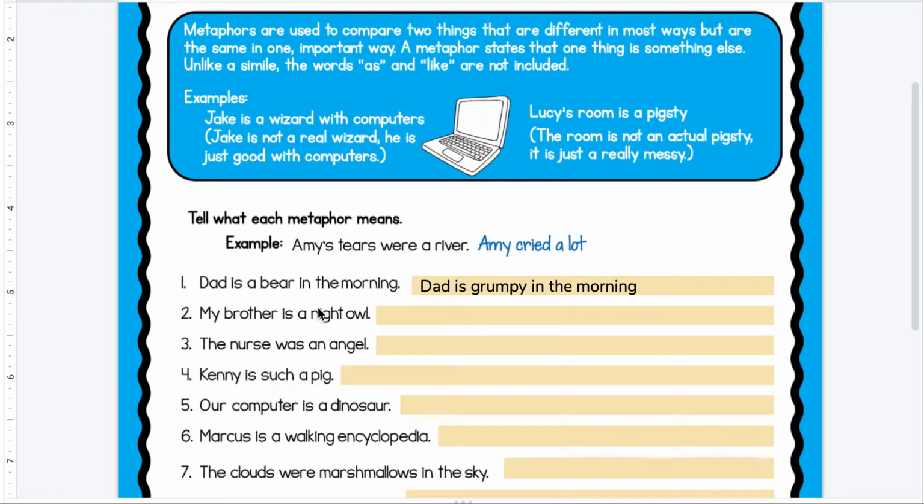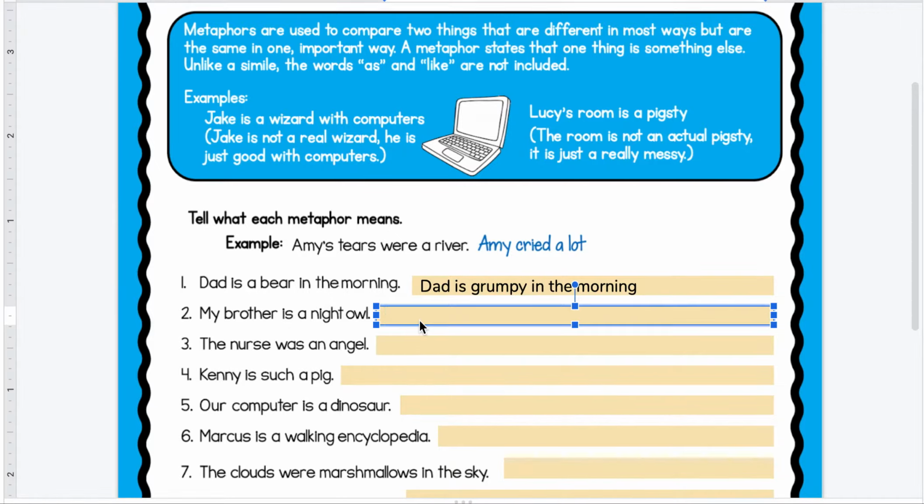So what does this suggest about her brother? Well, it might mean that her brother likes the night, right? Maybe he's someone who gets all his work done at night, right? Because he enjoys being up late.